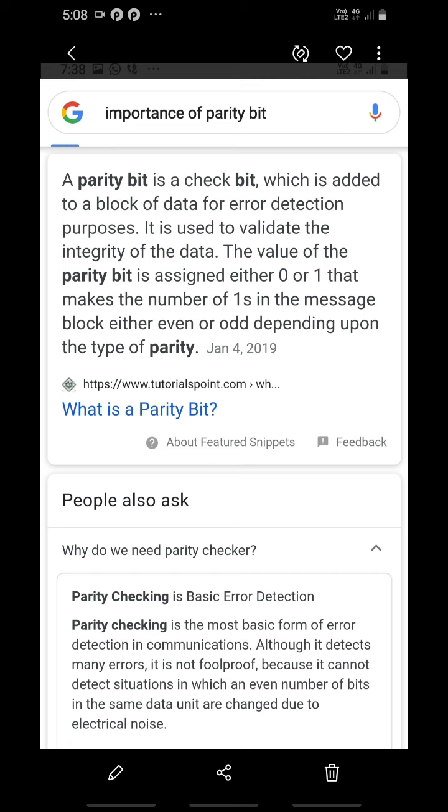The parity of each character is then checked at the receiving end. If the parity of the received character is not even, it means that at least one bit has changed value during the transmission.